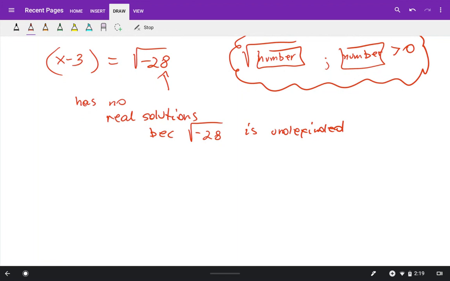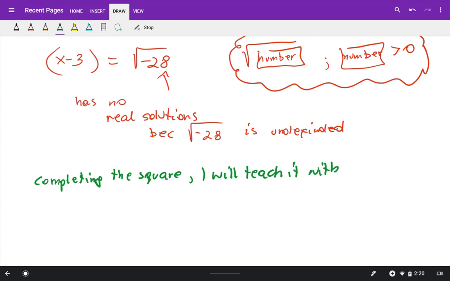Students are not fans of it, but we will learn the completing the square method when we'll be dealing with circles, because we will need to know that for circles. So at this moment, I'm going to skip it.